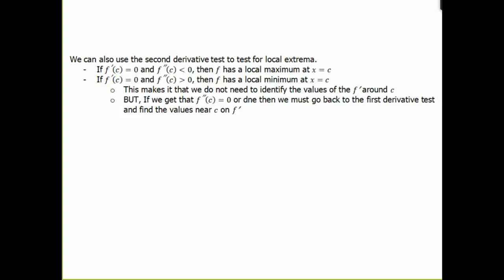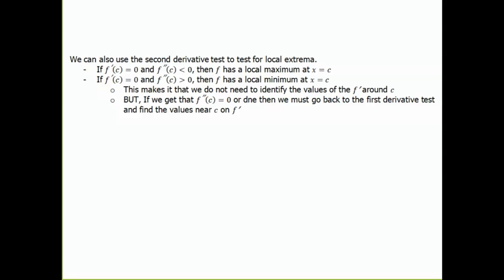If the derivative is 0 and the second derivative is positive, then we have a local min. What that would do is eliminate the need to make a sign chart for f prime.